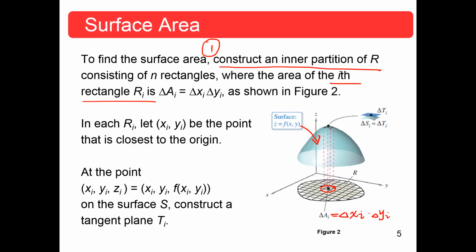Once you pick a subrectangle, you pick a representative point. Suppose x i, y i is the point that you picked. With this point, we can go back to the surface and find the corresponding point matching this x i, y i on the xy plane. So this point is going to be x i, y i, and z i.